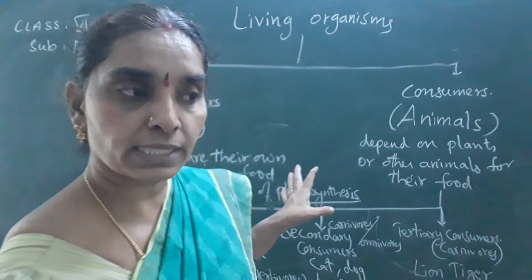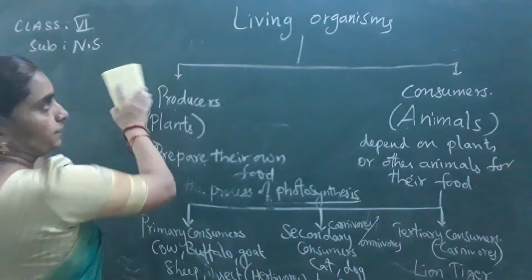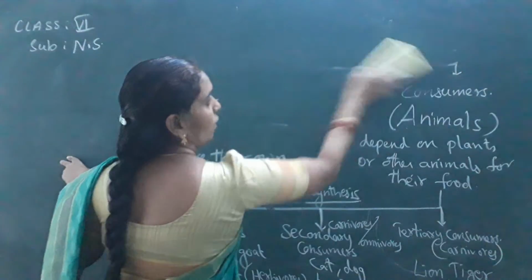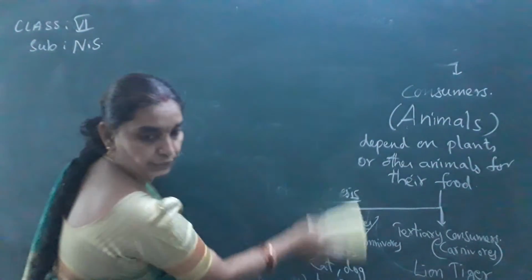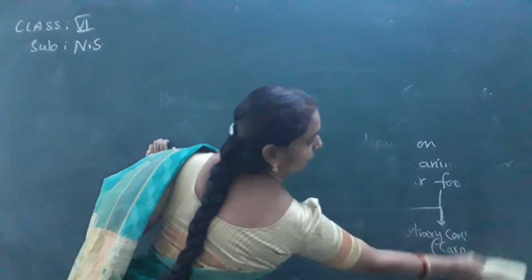Okay children? Next coming to the food chain. So what is food chain? On what basis is the food chain framed?